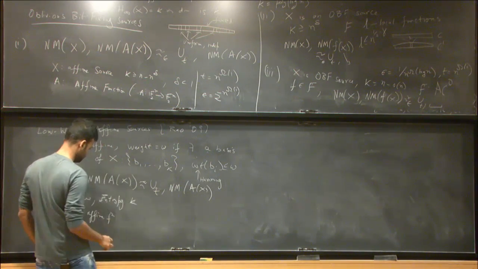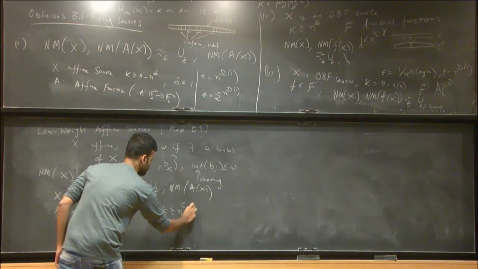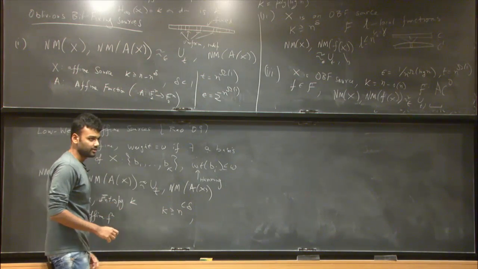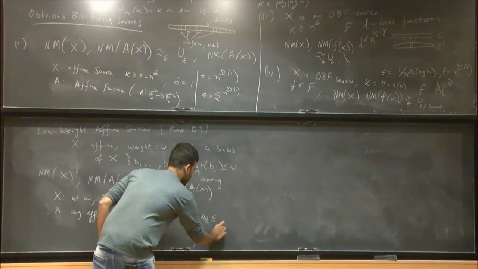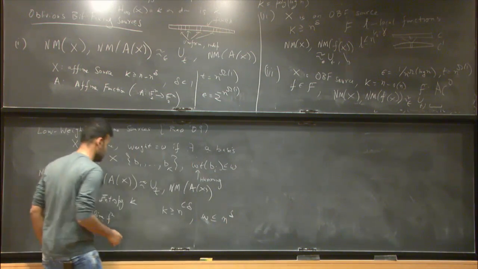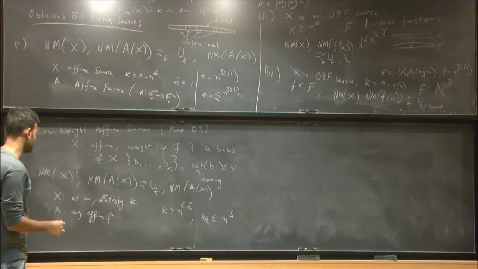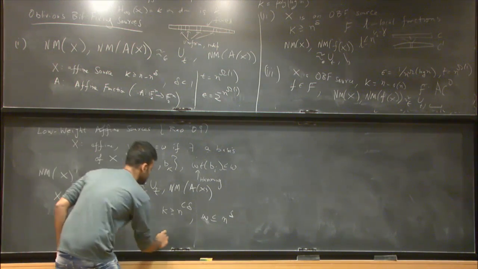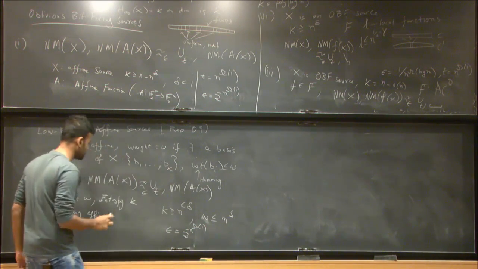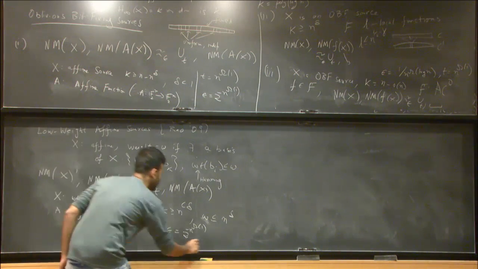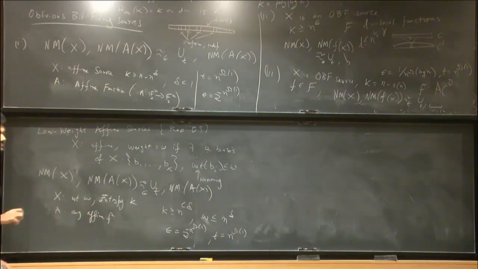K is at least n power C delta for some large enough constant C, and the weight W is bounded by n power delta. This works for any delta, and the error epsilon is n power minus omega 1, and the output length is n power omega 1 as well.